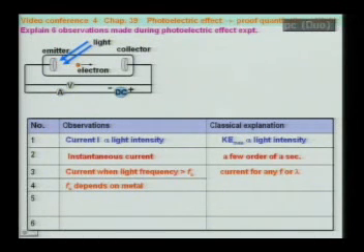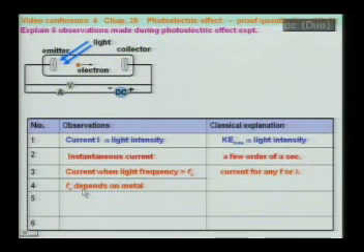Whether you use red light, whether you use blue, whether you use green, there should always be a current flowing in the circuit. That's what people from the classical group say. But in reality, it doesn't happen that way. So they couldn't explain it.